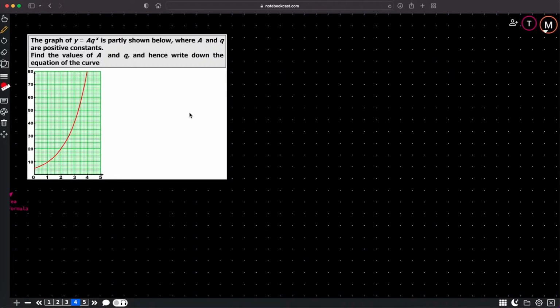So this would be just equations of graphs, I guess, would be the topic. The topic is various graphs: understanding how to plot them, how to work with them, problem solving.